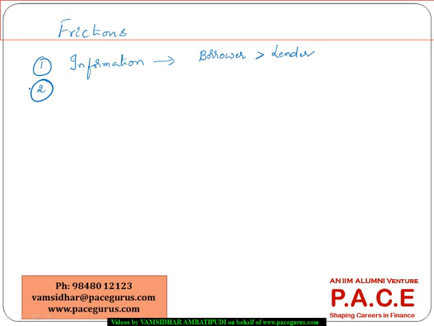The second dimension that comes up, just like any other investment case, is the principal agent problem. I hire an agent to perform my duties, and the agent is always trying to maximize his own benefits rather than the benefits of the organization.